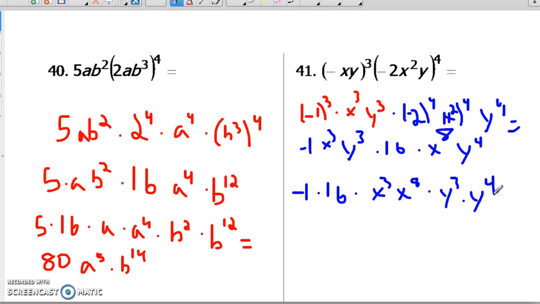So this is when we go back and perform the product of a power, which was our first exponential rule we learned yesterday. And I simplify this to negative 16 times x to the 11th times y to the 7th.